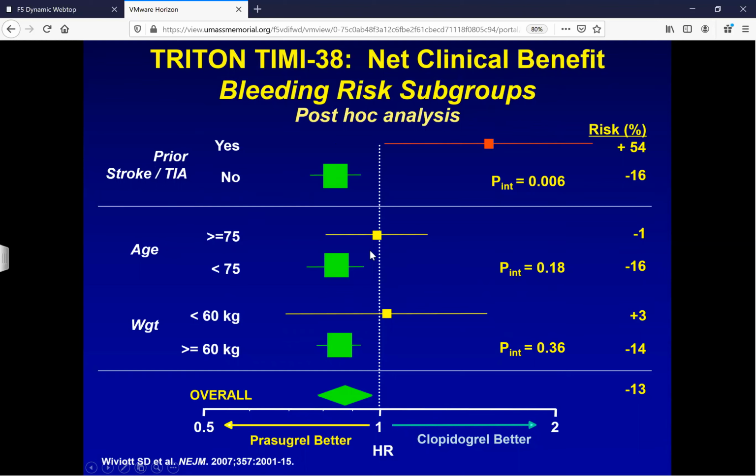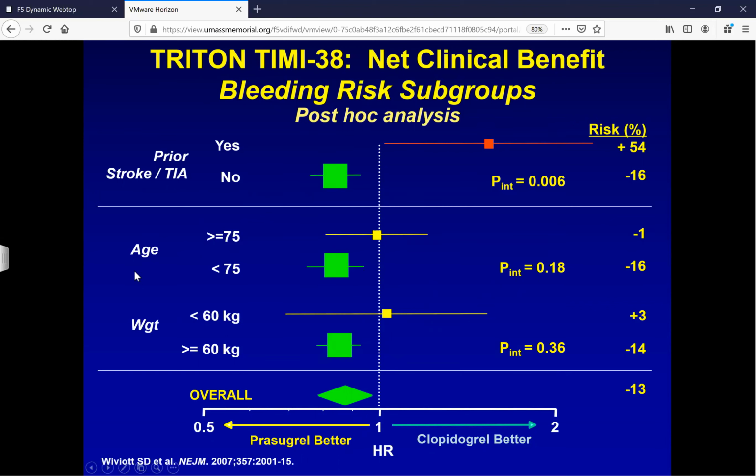And then this was hypothesis generating that if the age is greater than 75, not to give in those patients, but younger patients, and if the weight is less than 60 kilograms, they found there was harm in that. But again, this trial is not powered for these outcomes, and these were just subgroup analysis.